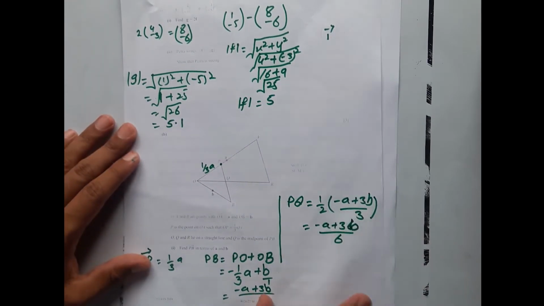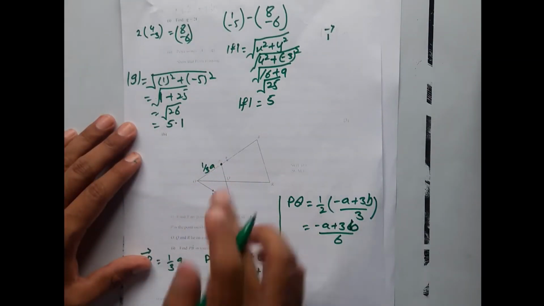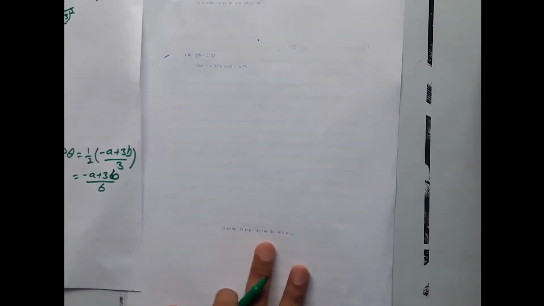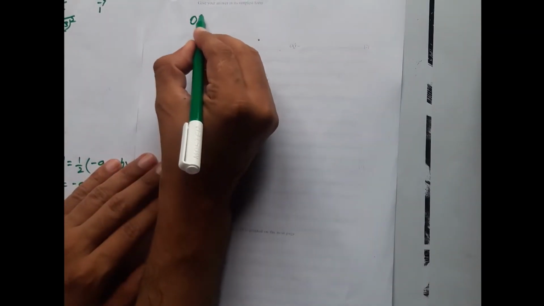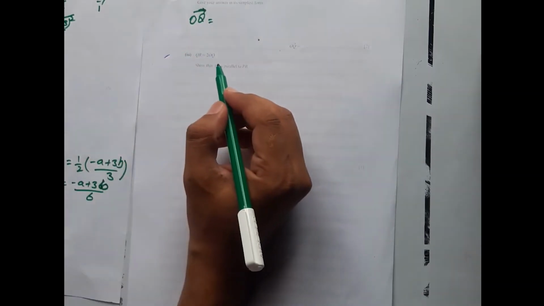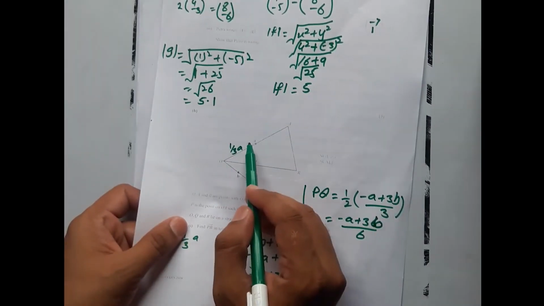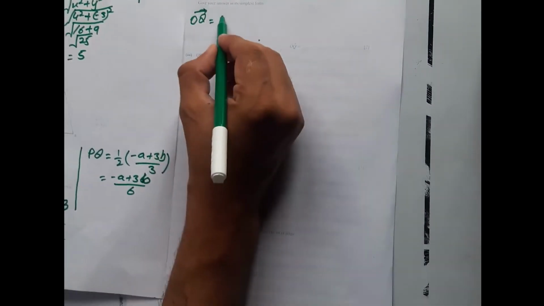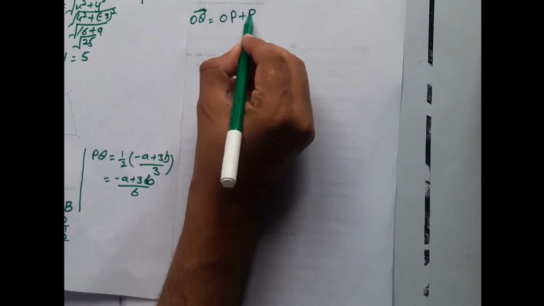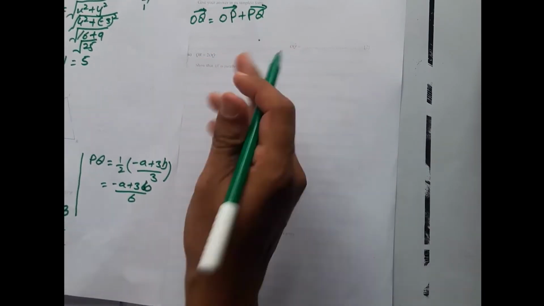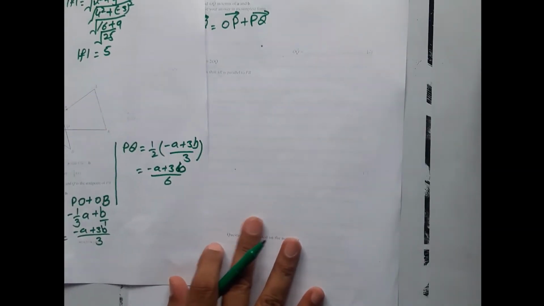We have to find OQ. So OQ is equal to OP plus PQ. You can write the arrow or you can ignore that.